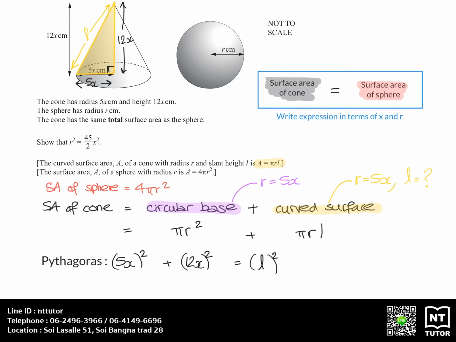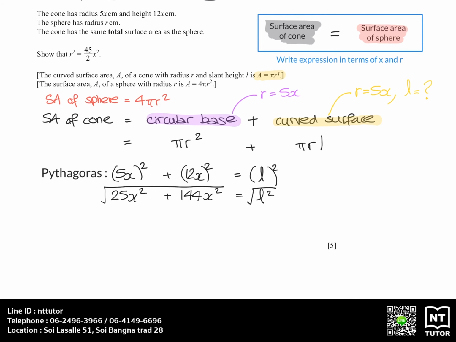Then we can rearrange to make l the subject of the formula. And eventually we will get l equals 13x. So now that we have r and l, we can substitute these values into our expression for the total surface area of the cone.